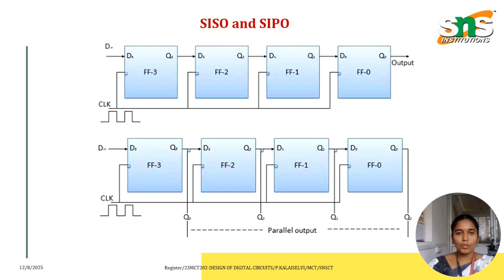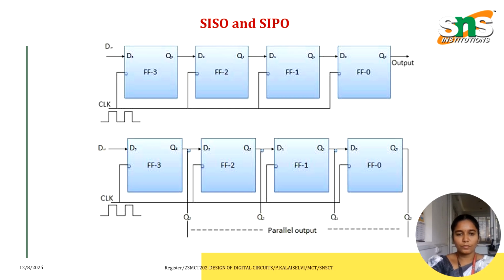The D input of flip-flop 3, that is D3, is connected to the serial data input Din. The output of flip-flop 3, that is Q3, is connected to the input of the next flip-flop, D2, and so on. So this is the block diagram. Serial in serial out has both shift left and shift right registers.